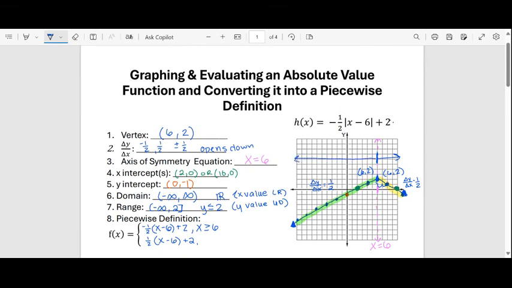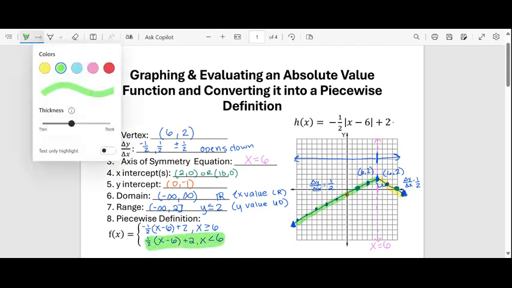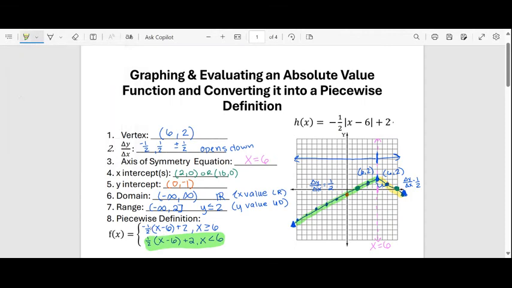So this is clearly going to be when my x values are less than 6. That is the piecewise definition. And just so you are following, this is my green line from my graph, and then that top one is my yellow line. So the yellow line would represent the right side and the green line would represent the left side. So positive and negative slopes.